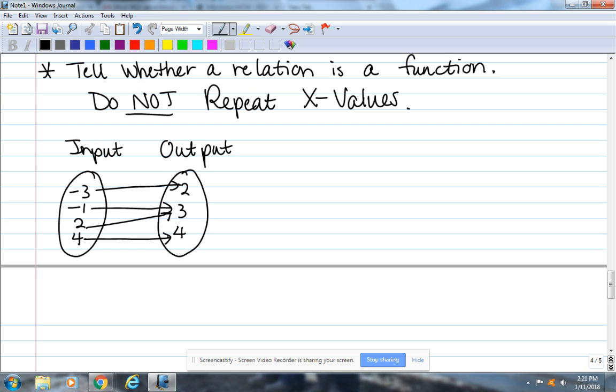So do you think this is a function or not a function? It is a function. Yes, it is a function. All the x's are different, so it's a function. All right. Here's another one. I can spell output. That'd be helpful.